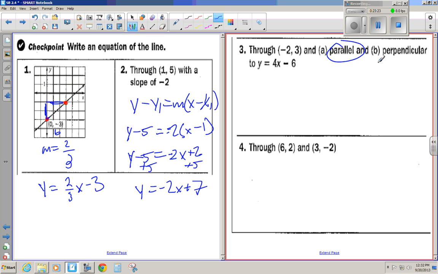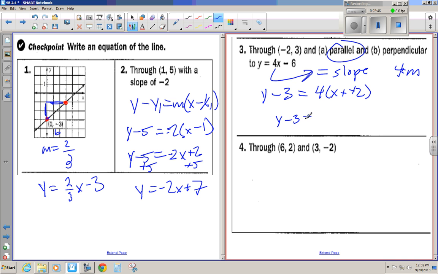I already did another perpendicular one, so I'm only going to do parallel. Parallel lines have equal slope, so I should just use 4 as my m. So y minus 3 equals 4 times (x minus negative 2). Minus and minus is a plus. I'm going to add 3. My equation is y equals 4x plus 11.